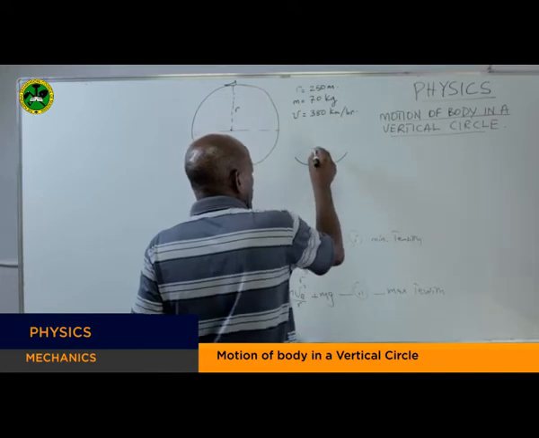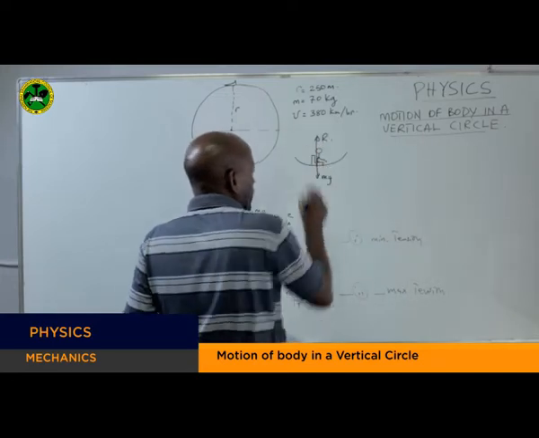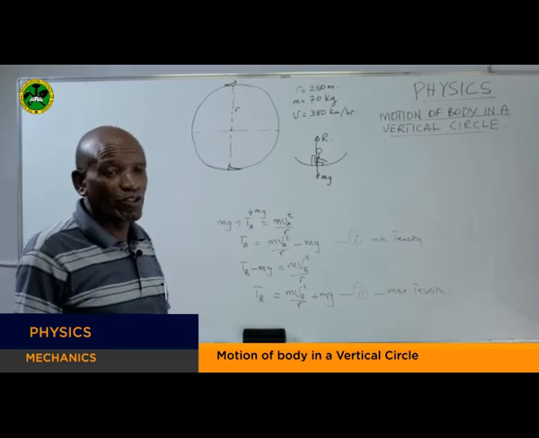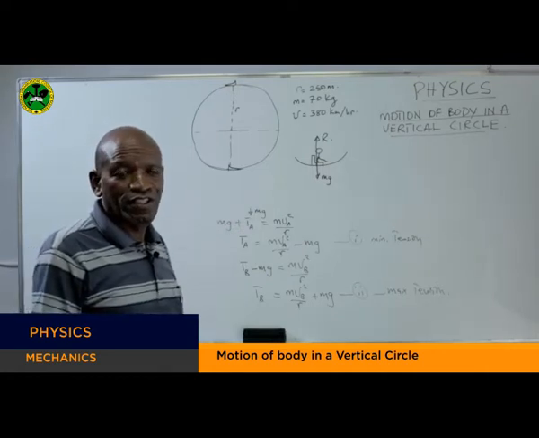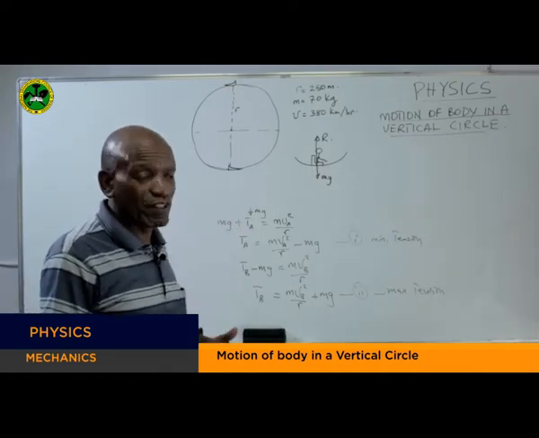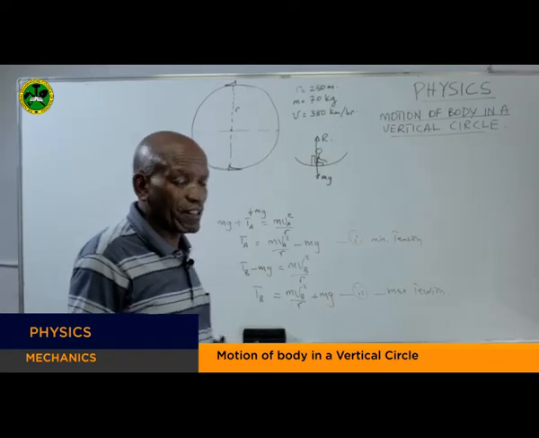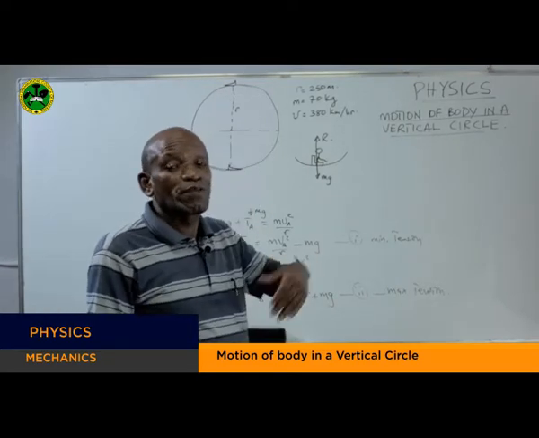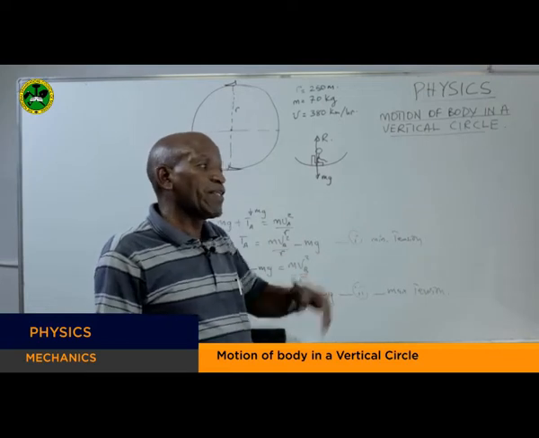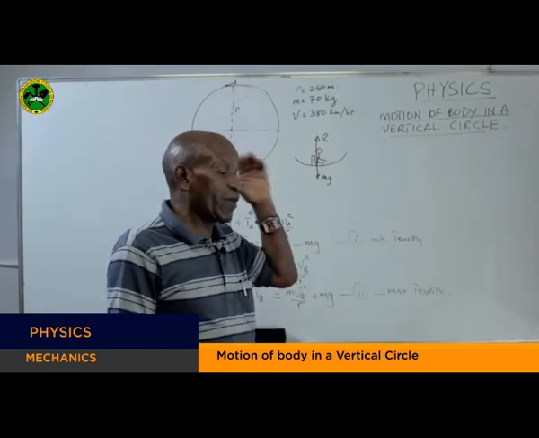Now the reaction force is acting upward there. So that is the thing we are going to look at: the reaction he is going to feel from his seat whenever his plane is looping a loop in that particular radius with that particular speed.